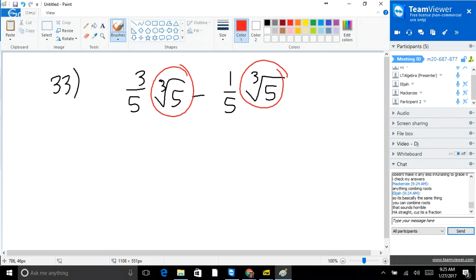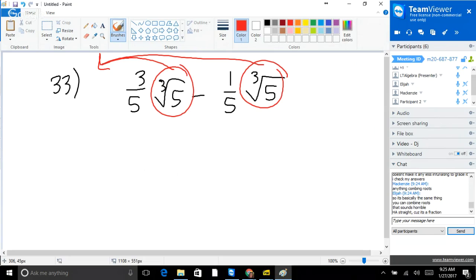Just because all these expressions look kind of crazy, doesn't mean that we can't use our old math rules that we know. So we have two like terms here, right? So we can actually pull this out of the expression.